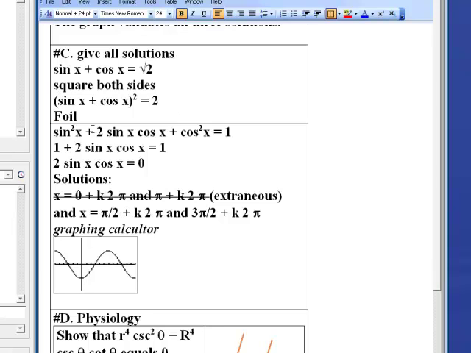FOIL. On the left-hand side, of course, sine squared plus 2 sine cosine plus cosine squared. And what happened on the right-hand side? How did that 2 turn into a 1? It doesn't. That's wrong. That's still a 2, which means there's a 2 here. On the left-hand side, we have a Pythagorean, sine squared plus cosine squared, which is 1. We subtract that 1 from the 2, which is a 1 here.